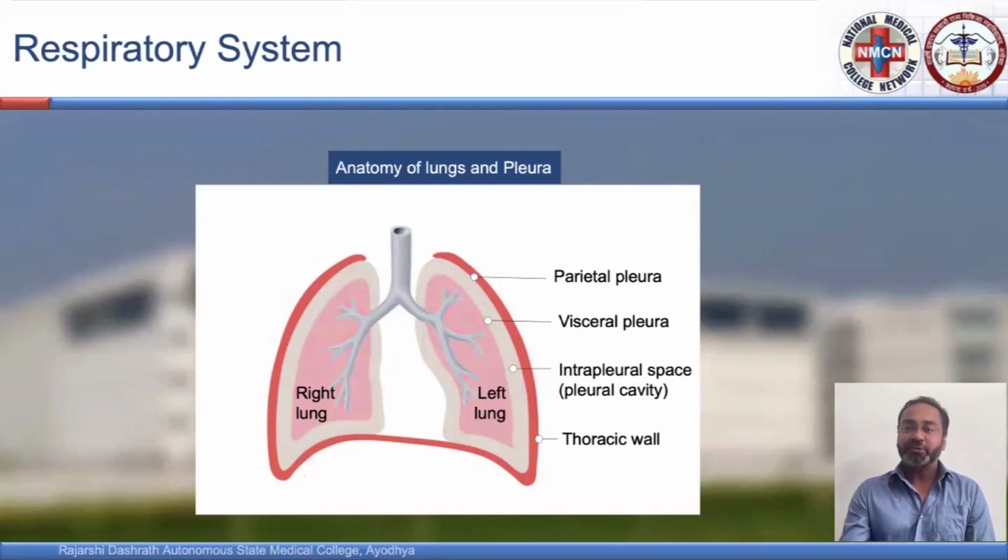And the one which is next to the visceral pleura towards the thoracic cavity is called parietal pleura. There is a potential space between parietal pleura and visceral pleura, which is called the pleural cavity. This pleural cavity is very important because it contains a fluid called pleural fluid, which makes sure there is a frictionless and proper rubbing between the parietal pleura and the visceral pleura.